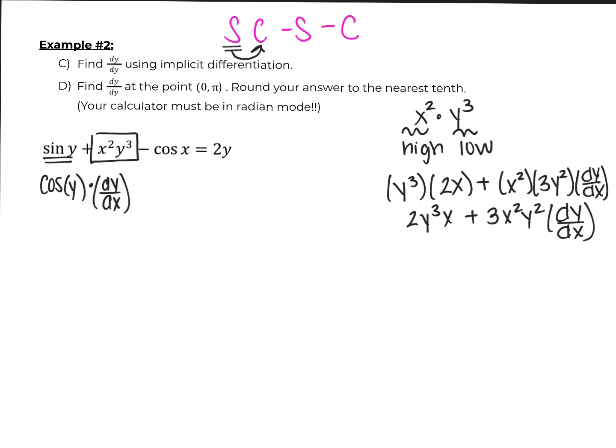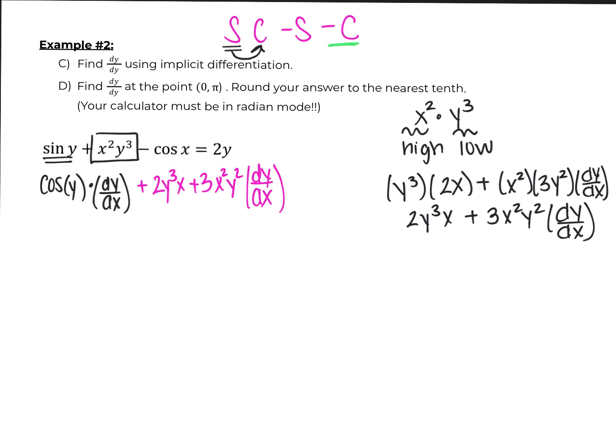So we can keep going and write that in. I'll use a different color for the product rule. So plus 2y to the third x plus 3x squared y squared times dy over dx. And next, I want to take the derivative of negative cos.